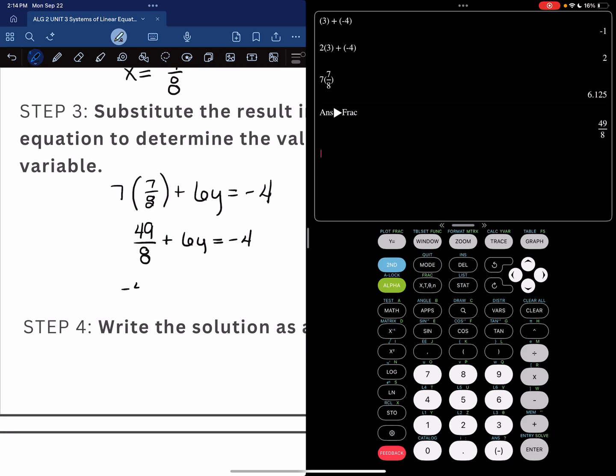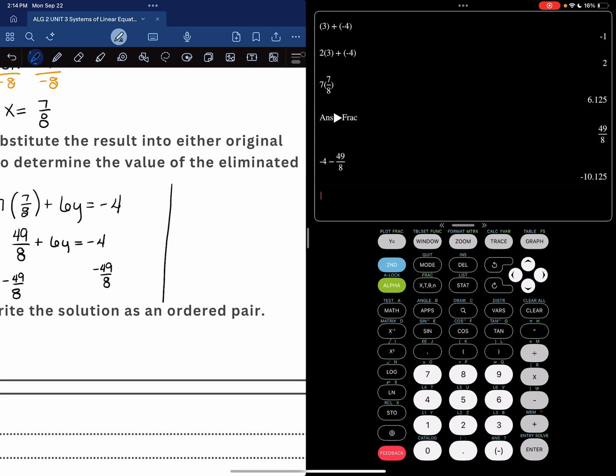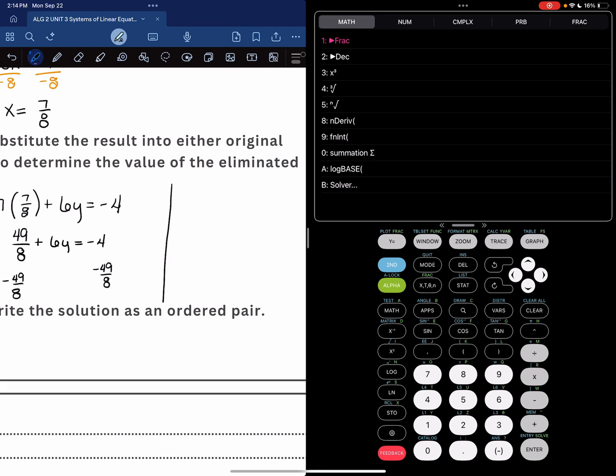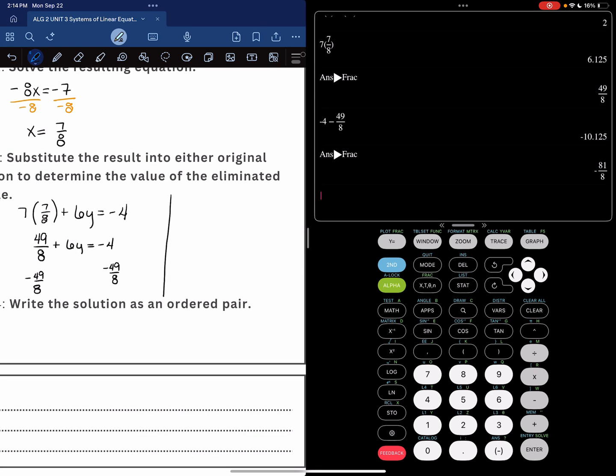I need to subtract that 49 over 8 on each side. I need to take my negative 4 and subtract 49 over 8, and again, I want that as a fraction. So I have 6y equals negative 81 over 8.